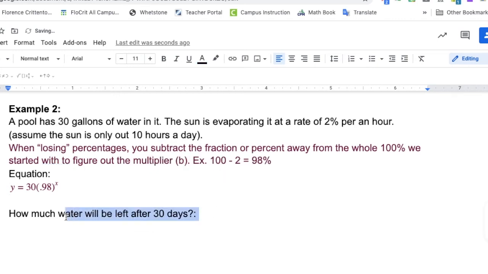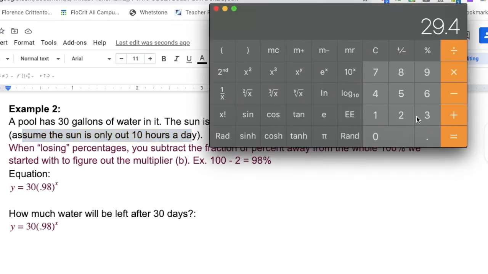And then the question they're asking is how much water is going to be left after 30 days. So then you take the equation, and what are we going to plug into x? Okay, well, it's 30 days in the question, but in the situation up here, it says per an hour. So x is representing hours. And they're saying the sun's out 10 hours a day. So each day there's 10 hours.